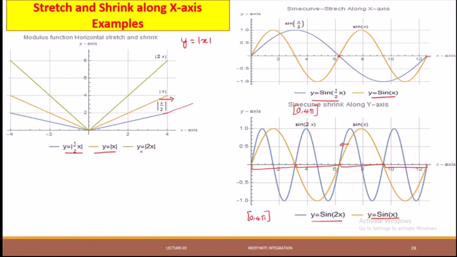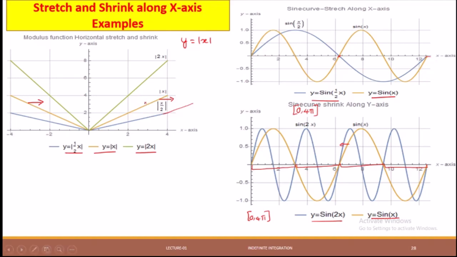Now if you observe the graph of y is equal to mod 2x, this graph is shrunk horizontally. That means the pressure is applied in this direction, and I get this green color curve. Horizontal stretch means away from the graph, and horizontal shrink is towards the graph.